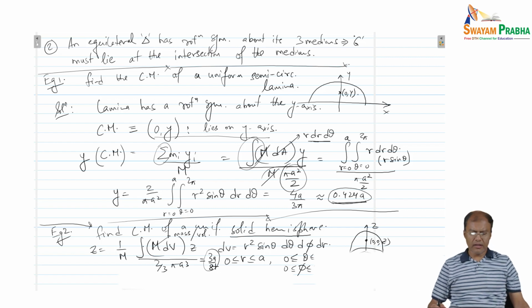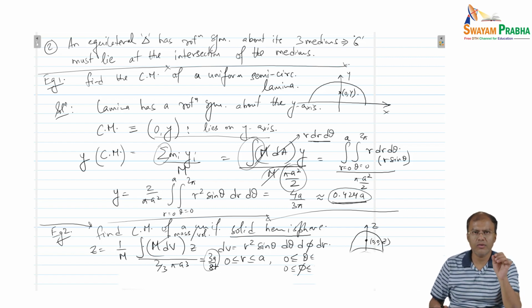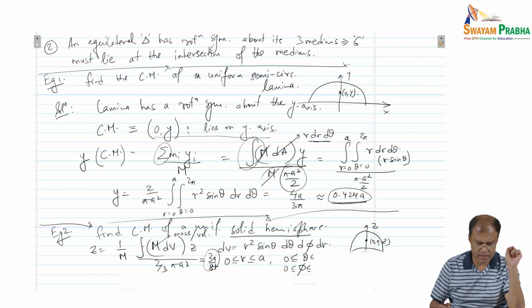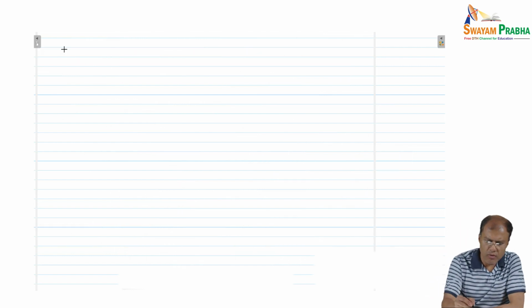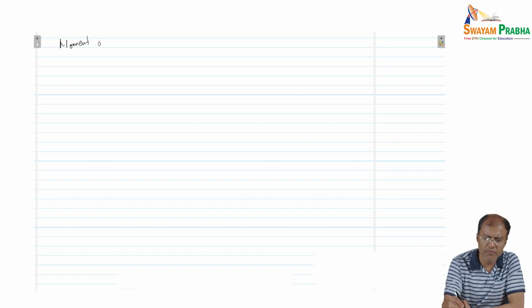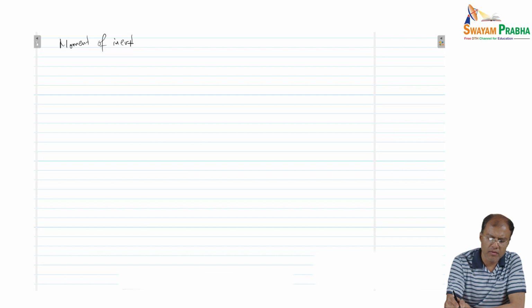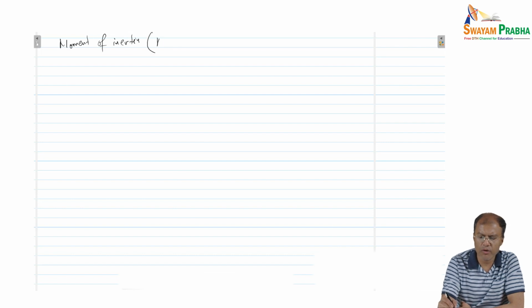So then the other concept I want to introduce in this module is the so-called moment of inertia. Suppose we have a system of particles, we talk about the moment of inertia of this system. In future, I am going to refer to moment of inertia as MOI, right?